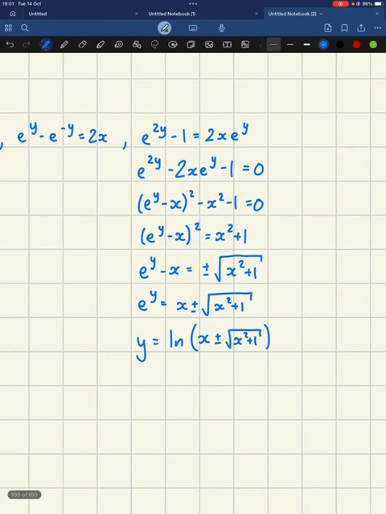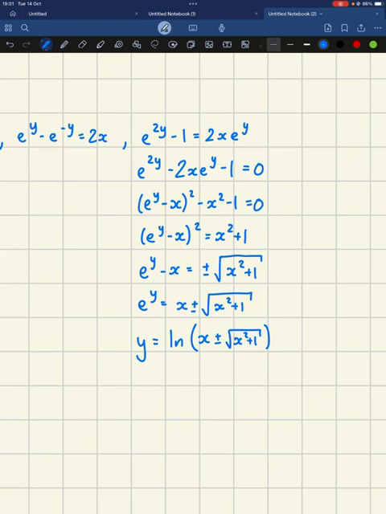Well, actually it's not going to be both, because we cannot take the log of a negative number. The square root of x squared plus 1 is going to be greater than x, because the square root of x squared is just x.